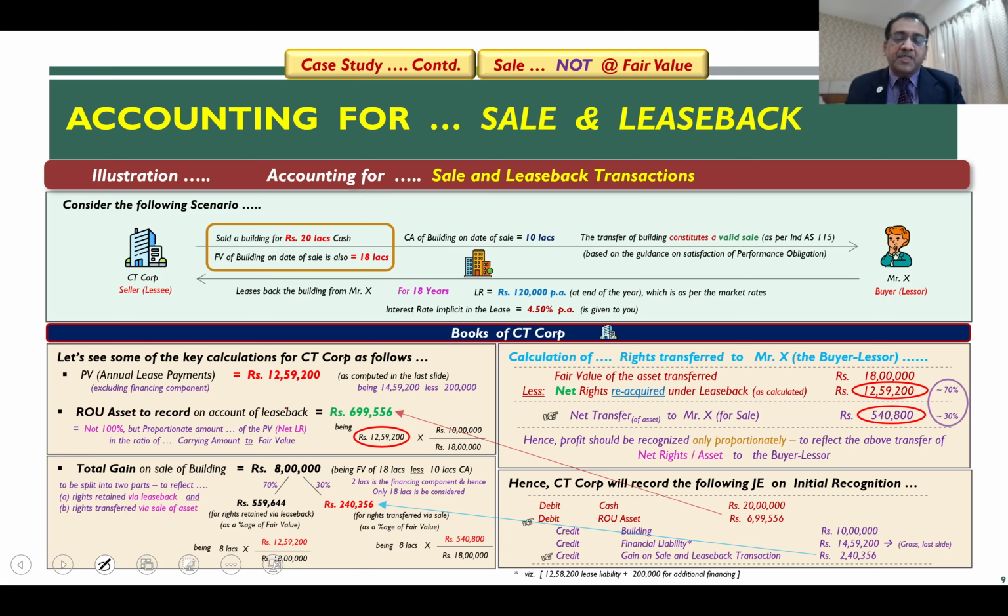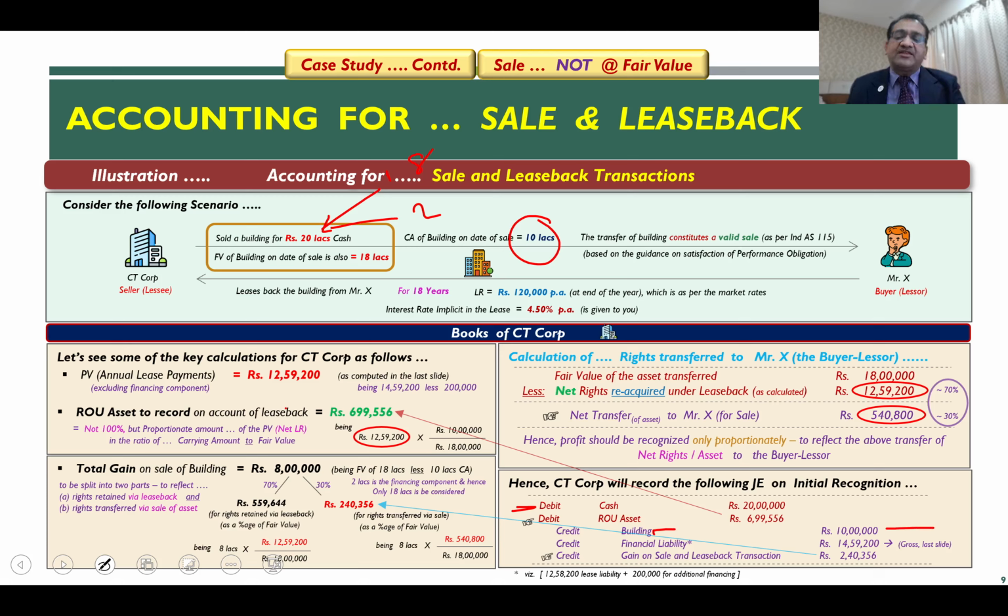Let us see here. What happens in this case? You are effectively getting cash of 20 lakhs. So debit cash 20 lakhs, the consideration which you have got. Now this consideration was 2 parts, 18 lakh and 2 lakh. But then you have to de-recognize this building. So the building will be de-recognized at the carrying amount of 10 lakh rupees.